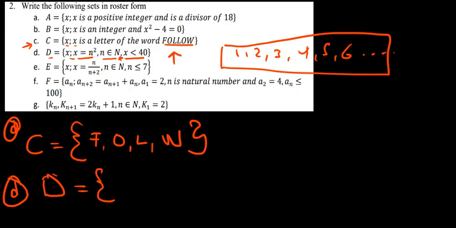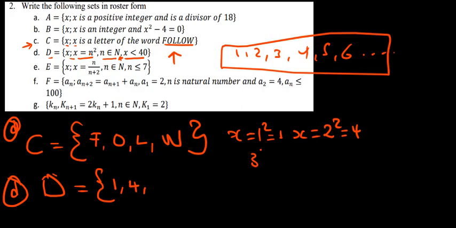The first element will be x equal to 1 squared. 1 squared is equal to 1, and this is less than 40, so we can put a 1 there, comma. The next one is 2 squared, which is 4. 4 is less than 40, so we can put 4 there. The next one is 3 squared, which is 9. We can also put a 9 there.